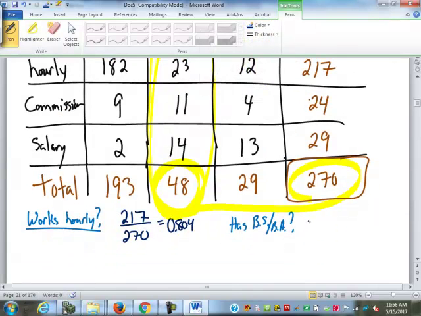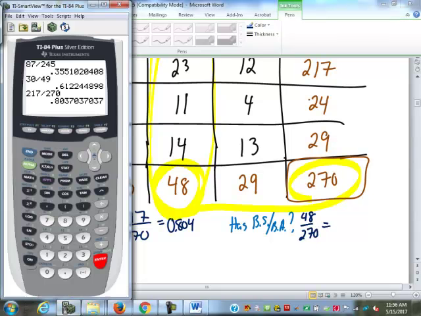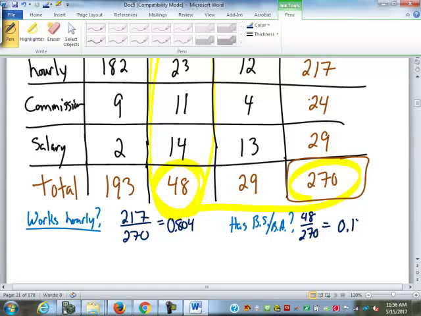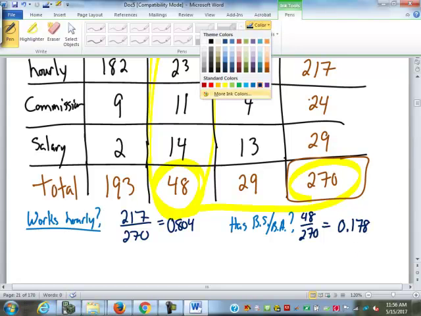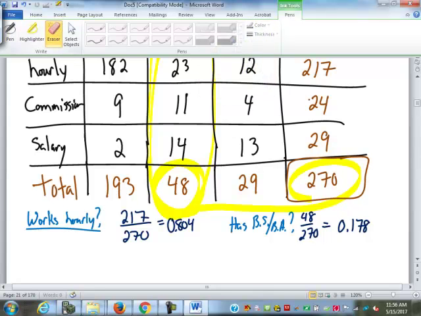We'll divide that out. You get 0.178, I should say, or 17.8%. So those probabilities are pretty quick and easy to find.